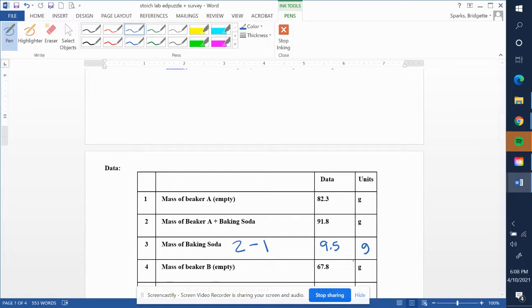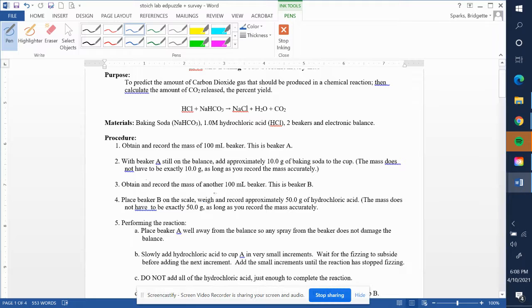All right. So then we go back to the lab, and now we have some baking soda in beaker A. If we think through that, we have a beaker with some solid in it. And then we had to record another beaker, and we'll make that beaker red. In that beaker, we found the mass of that beaker, and then we placed about 50 grams worth of hydrochloric acid in that beaker.